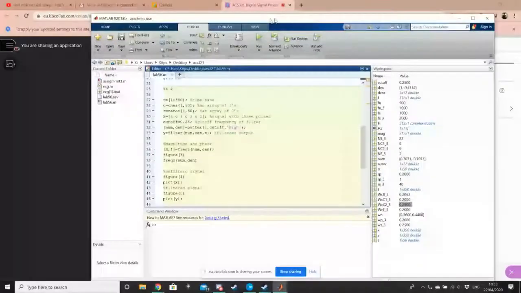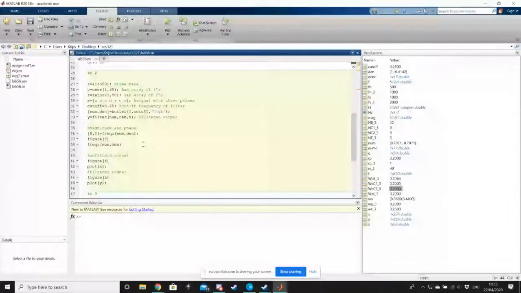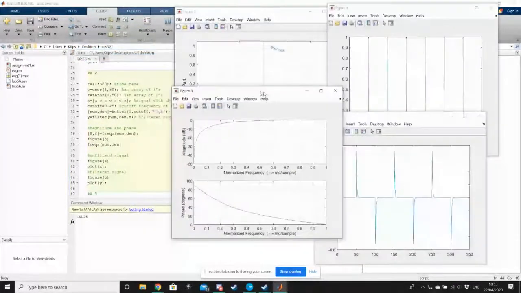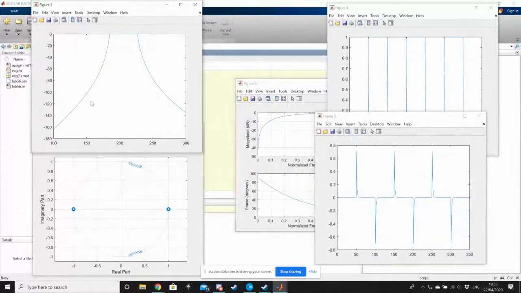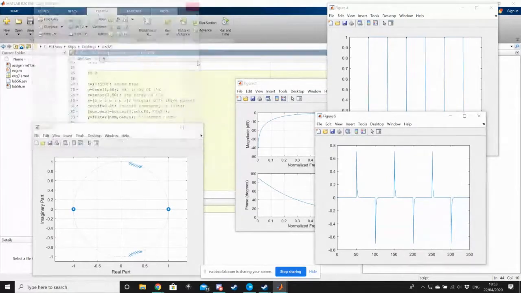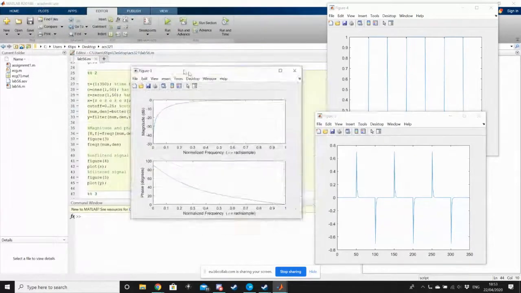Hello. I'm not sure if Kriti is still here. Okay, yeah, so I saw it. The plot for the first one is correct, and that's the s-plane. The second one is also correct. Great.